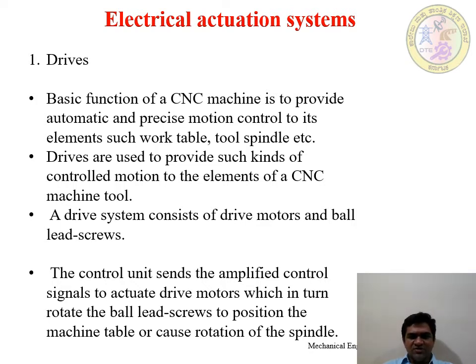A drive system consists of drive motors and ball lead screws, and the control unit sends the amplified control signals to actuate drive motors, which in turn rotate the ball lead screws to position the machine table or cause rotation of the spindle.